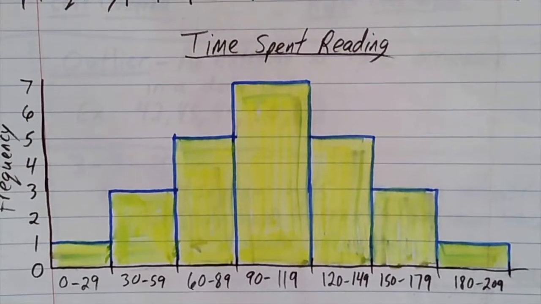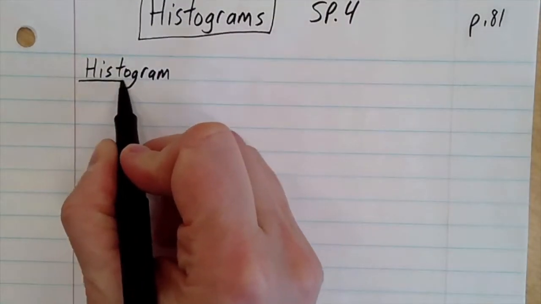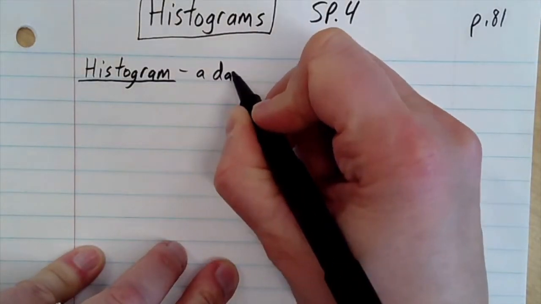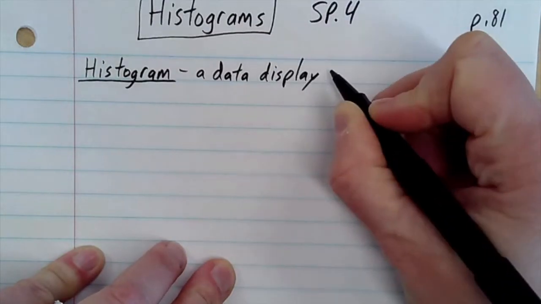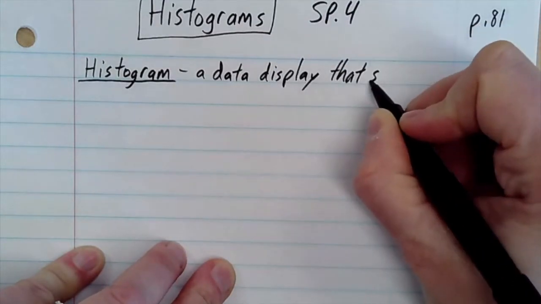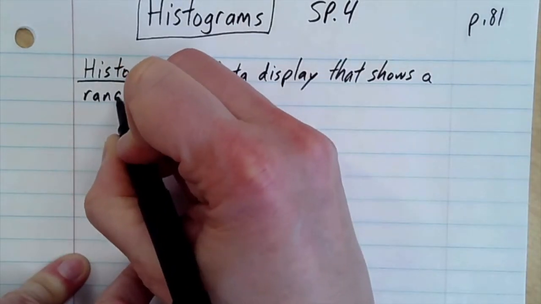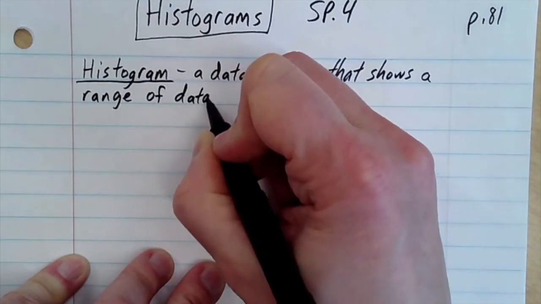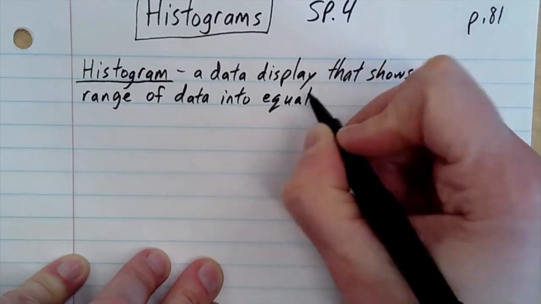So a histogram is similar to a bar graph. A histogram is a data display that shows a range of data into, and this is important, equal intervals.